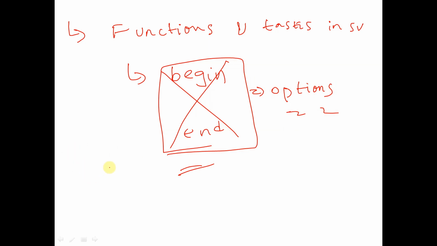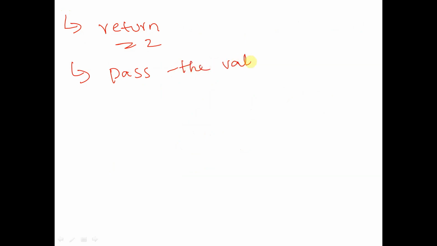And we have some concepts called return, and we can pass values to functions or tasks by two methods: one is pass by name and the other is pass by reference.